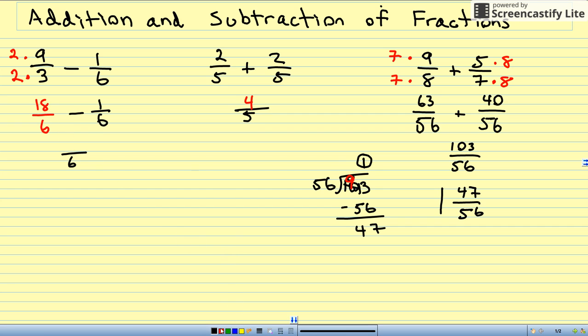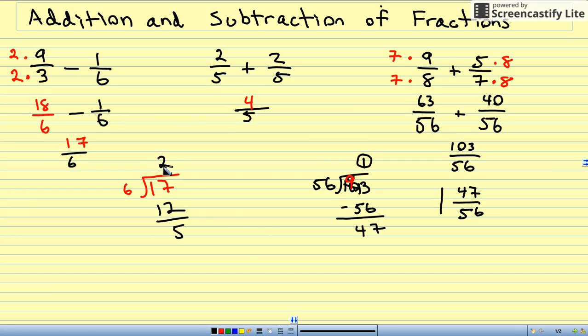And now I do 18 minus 1. 17. It's a lousy looking 7, isn't it? Let's see if I can make a better one. 17. Again, I have an improper fraction. I've got to simplify. So how many times does 6 go into 17? Goes in 2 times. 2 times 6, 12.